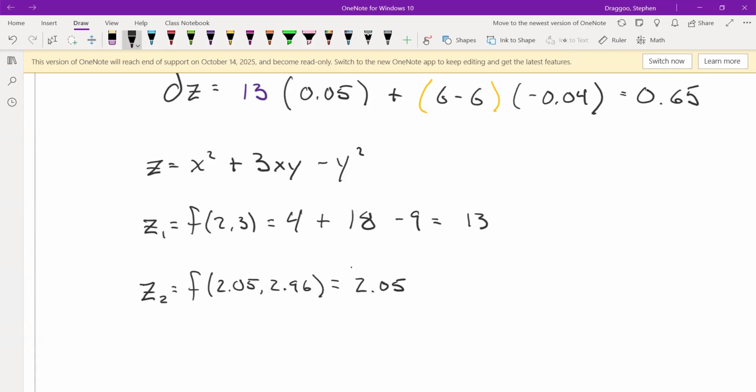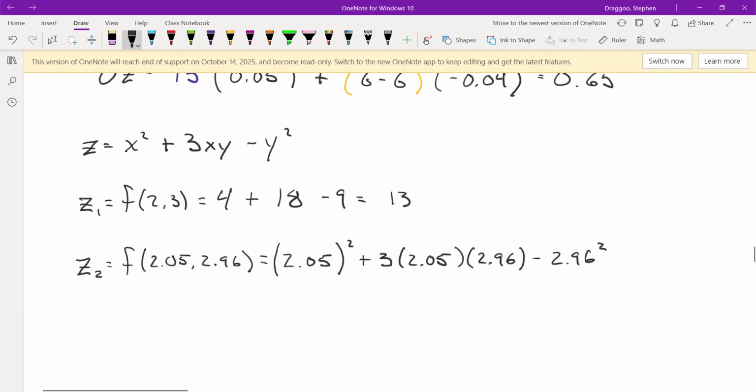If someone wants to pull out a calculator, I would feel very much obliged. Plus 3 times 2.05 times 2.96 minus 2.96 squared. Now, why did the 2.96 not get a parentheses at the end? I don't know. I was thinking of something else.